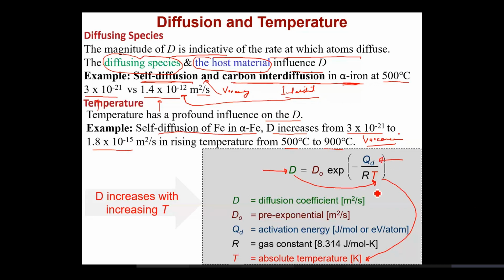QD is the activation energy, R is the universal gas constant 8.314 joules per mole per Kelvin, and D naught is a pre-exponential constant. You have seen a similar equation for the equilibrium number of vacancies. Now, this equation is for the diffusion.